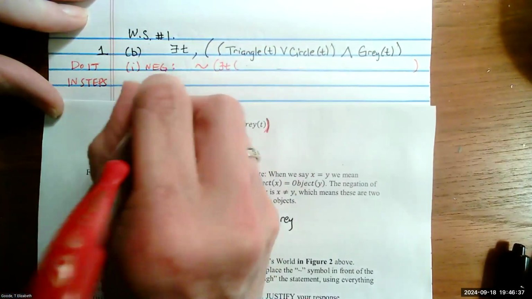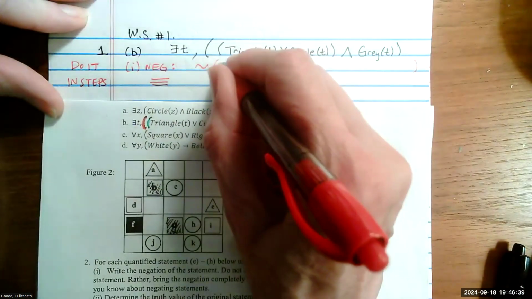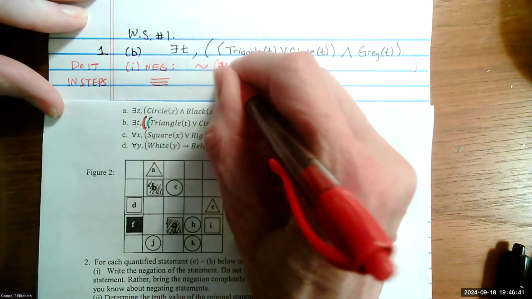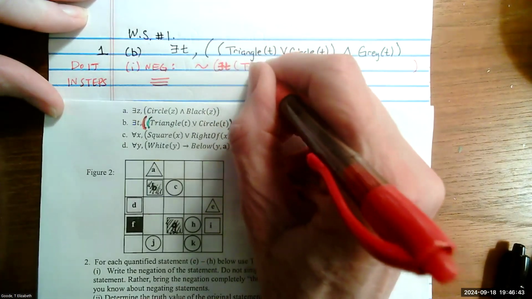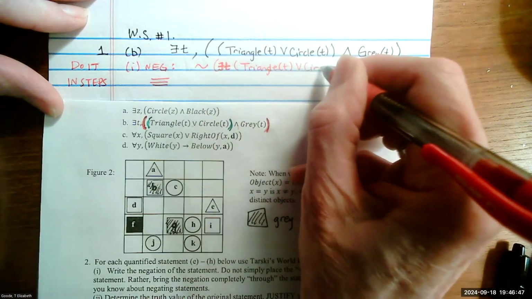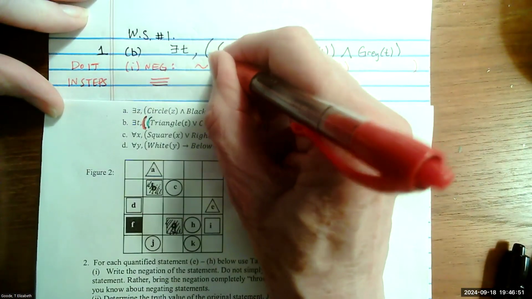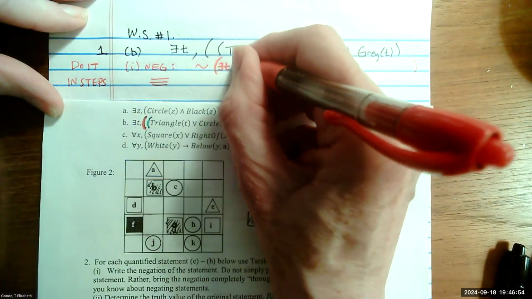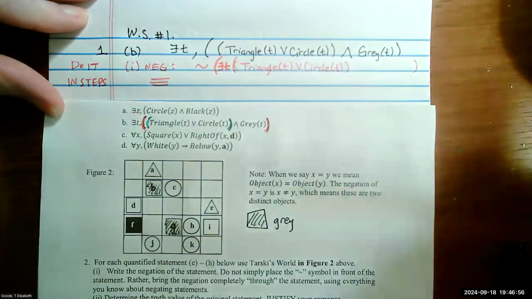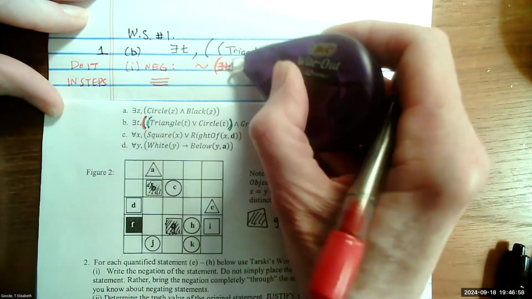Now let's just look at, oh, well, maybe there exists a T such that triangle T or circle T. I know we want to take shortcuts, but it's not good to take shortcuts.